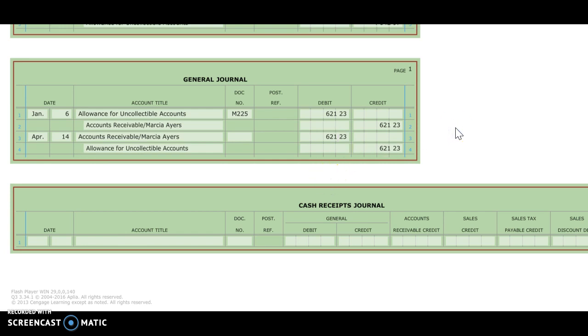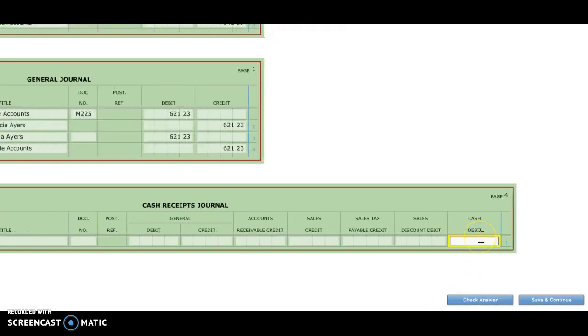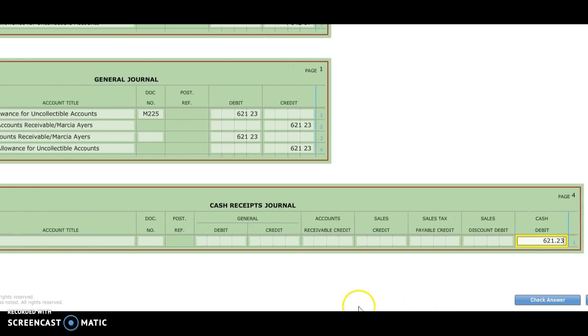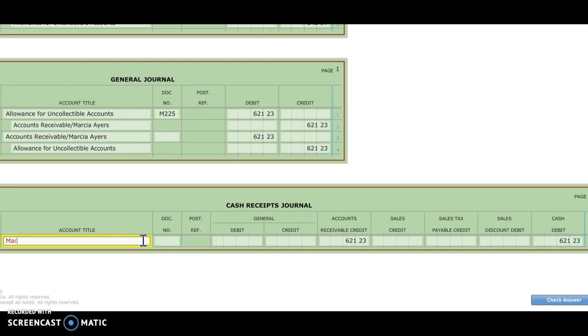Okay, after I do that, the second part is I need to actually record the payment that I received. That's going to go into our cash receipts journal, April 14th, and that's a cash debit. So I'm going to go over and put my cash debit in first of 621.23, and I'm going to credit accounts receivable 621.23, and specifically that's going to be Marcia Ayers.